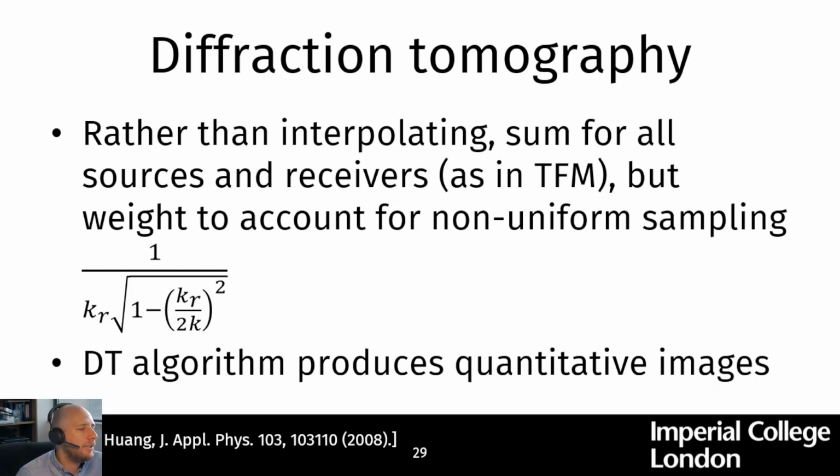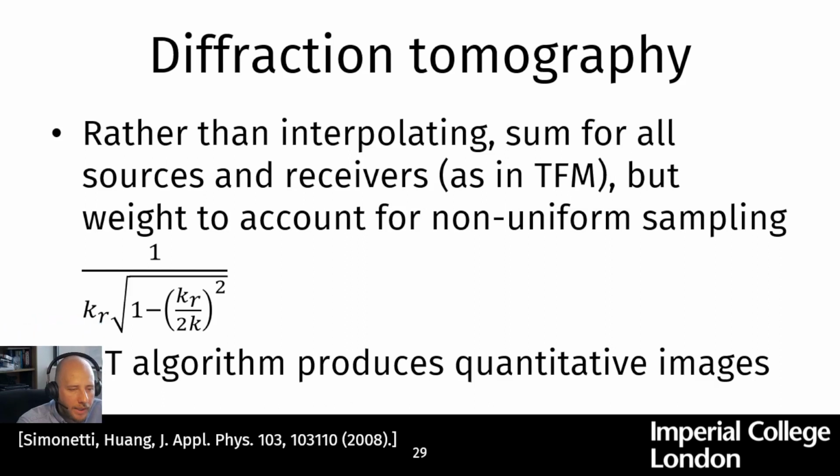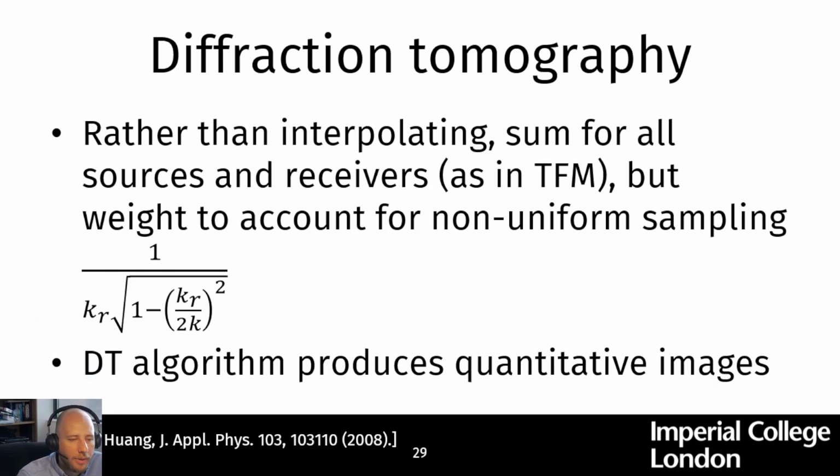But we can also then introduce a weighting which accounts for the non-uniform sampling. The equation is shown here. If you're interested, I can give you a reference for it. In fact, there is a reference down here. There are other ways of calculating it as well, which look at the Jacobian of the transformation between the two matrices, so that could be interesting to look at too.